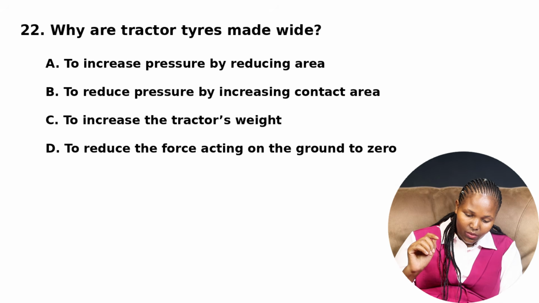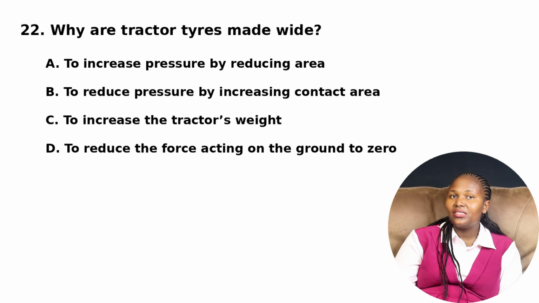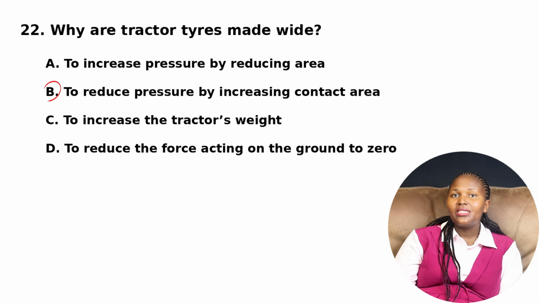And the options, number A, to increase pressure by reducing the area. Is that correct? No, that is not correct, because reducing the area would actually increase the pressure. And then B, to reduce pressure by increasing the contact area. That is correct, because the same force acts over a large area. So B is the correct option. And then C, to increase the tractor's weight.